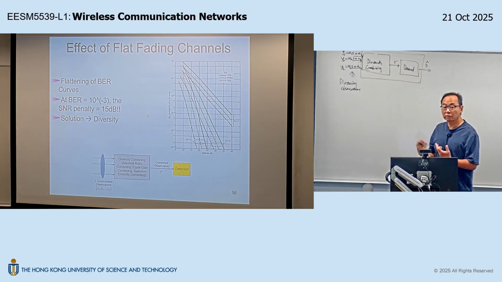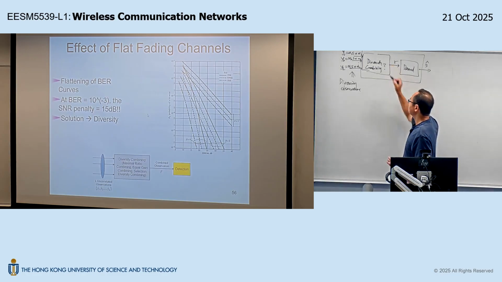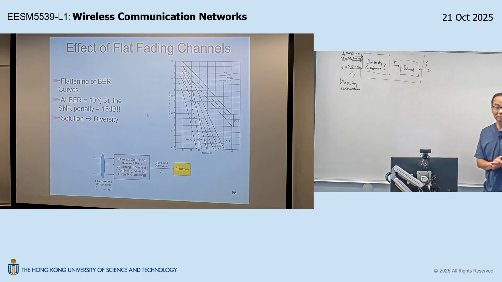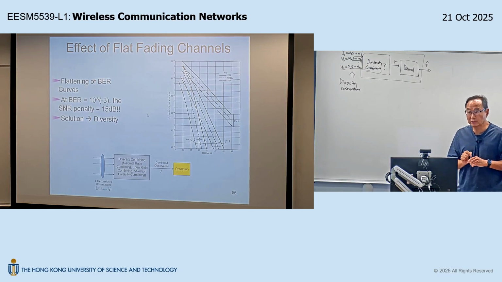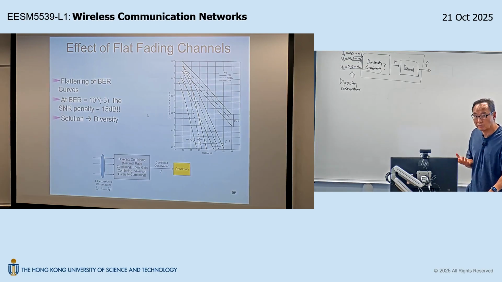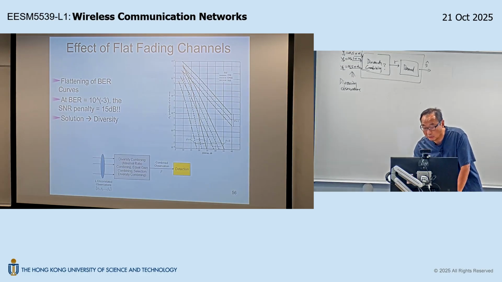Now the second question concerns how we do diversity combining. How do we combine these multiple observations to harvest the benefit of diversity? What is the benefit of diversity? The slope of the error probability curve will be steepened by the diversity order.